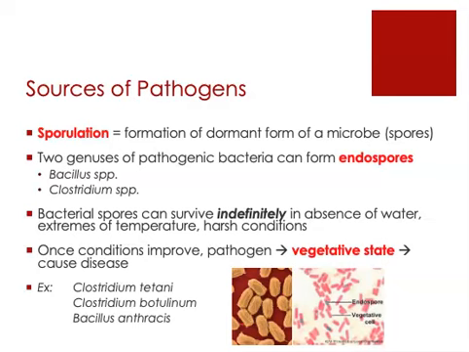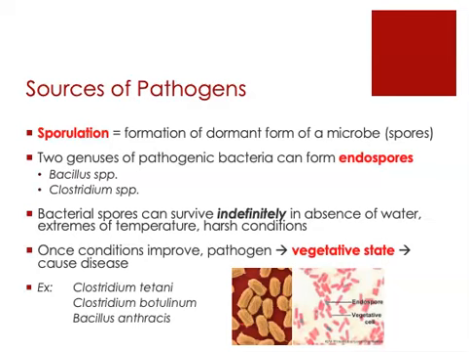From all of the data and experiments that have been conducted, we understand today that bacterial endospores can survive indefinitely on fomites. They can survive in the absence of water, in the absence of nutrients, during extremes of temperature, during harsh conditions.